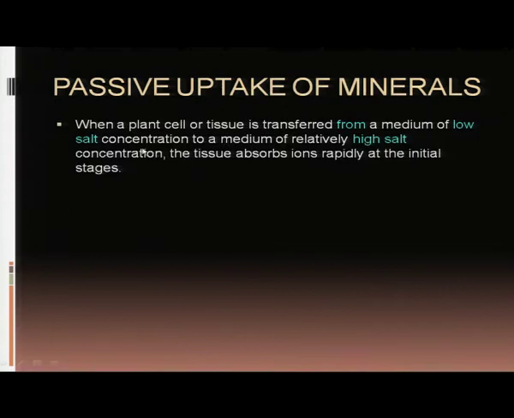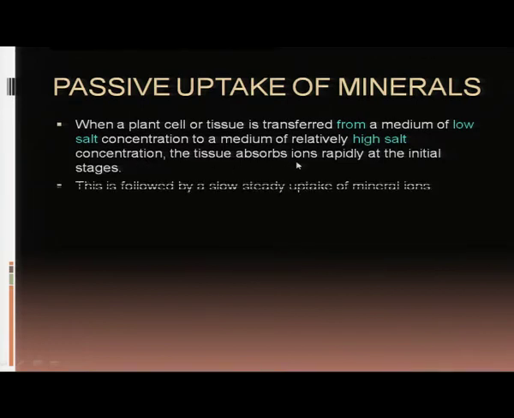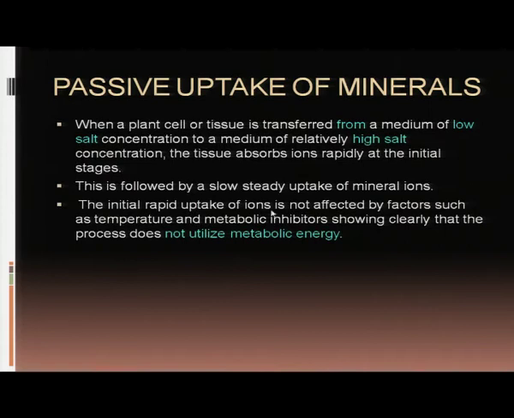First, a plant was placed in a medium of low salt concentration, then it was shifted to a medium of high salt concentration, and we observed that the rate of absorption of ions increased rapidly initially, but later on the rate became steady. This initial rapid uptake of ions was not affected by temperature or metabolic inhibitors, that is, the poisons.